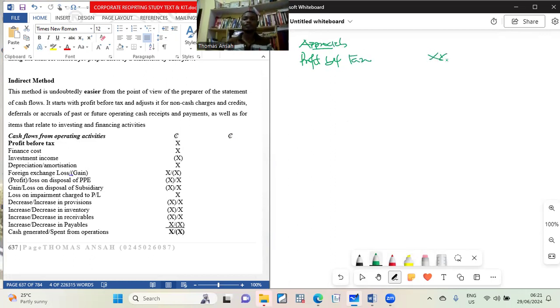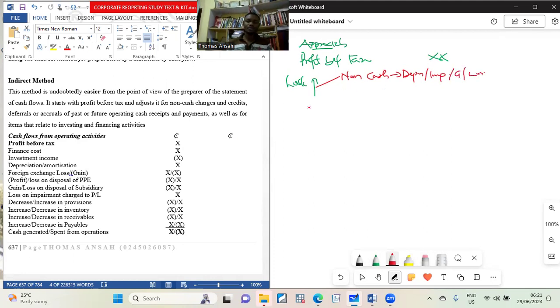When you finish, what do you do? You look up. Looking up, what are you fishing out for? You are fishing out for all non-cash items, which is depreciation, impairment, some gains, some losses.